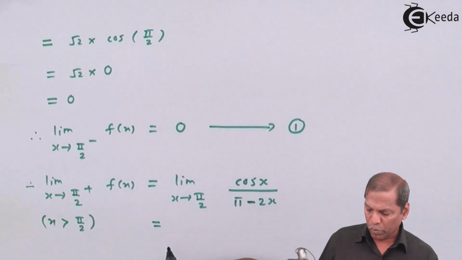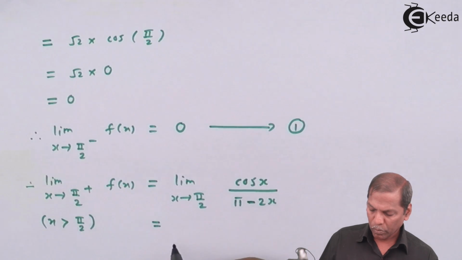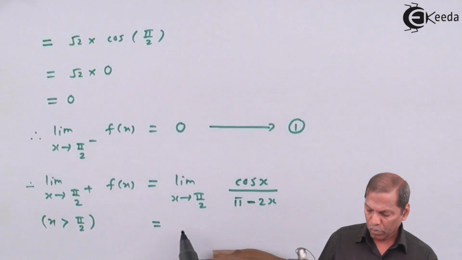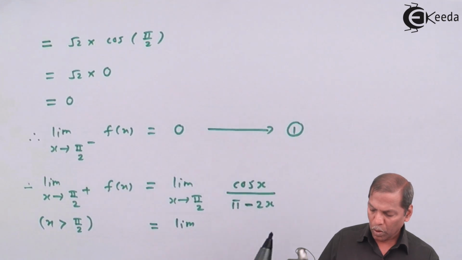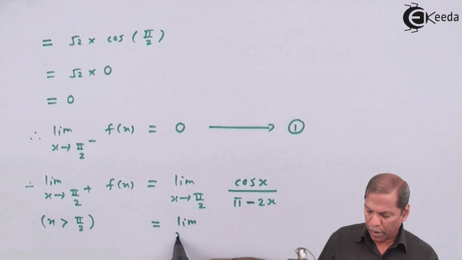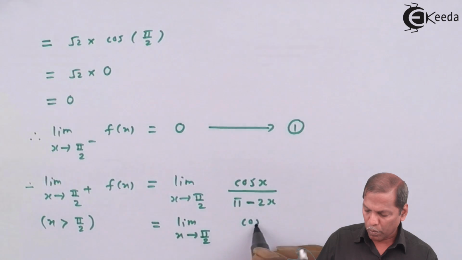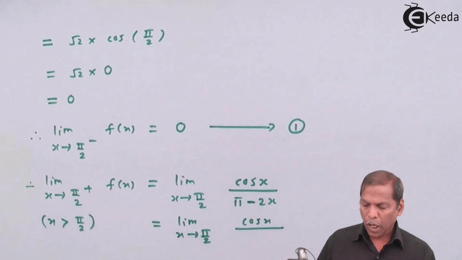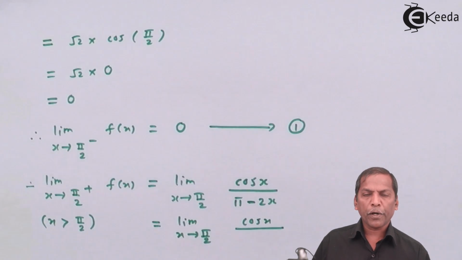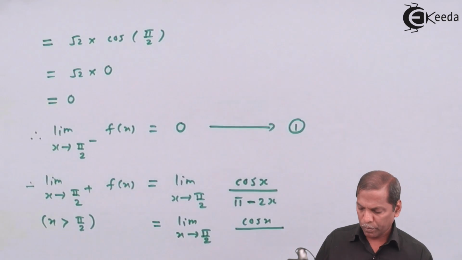Now that is equal to limit x tends to pi by 2 cos of x. Now here from the denominator we take 2 common.